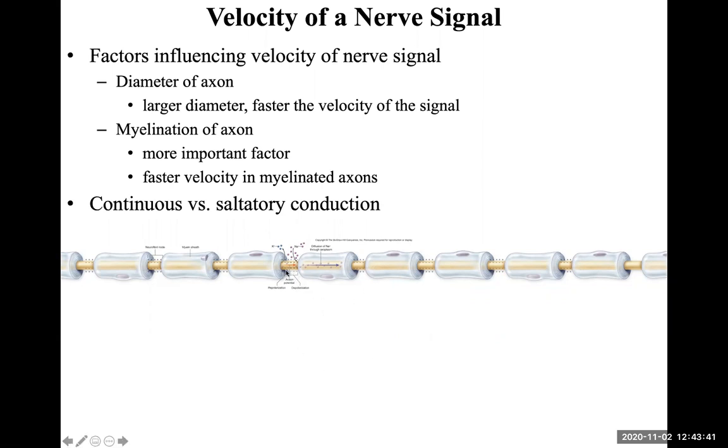So in saltatory conduction, the action potential jumps from node to node, and therefore it only has to be generated where the nodes are found. And that's why it's such a faster type of conduction. With continuous conduction, which is the kind of conduction we see in unmyelinated axons, the action potential has to be generated along the length of the axon. So that takes more time because there's more resistance. And that's why saltatory conduction is much faster than continuous.